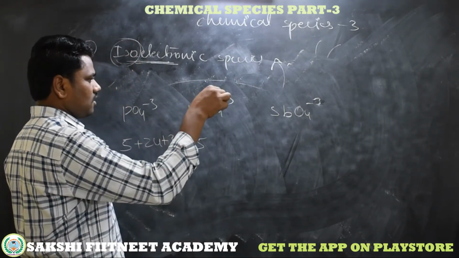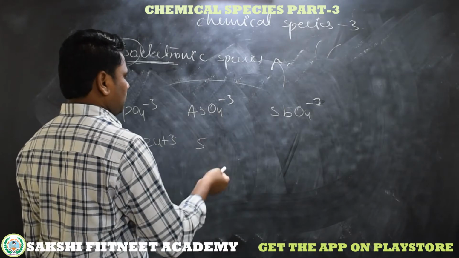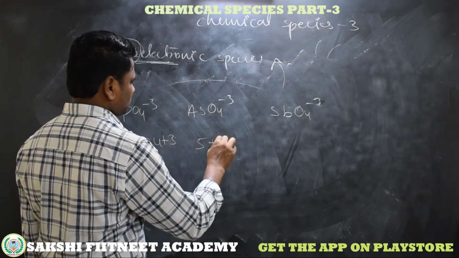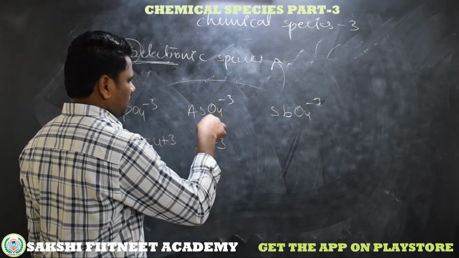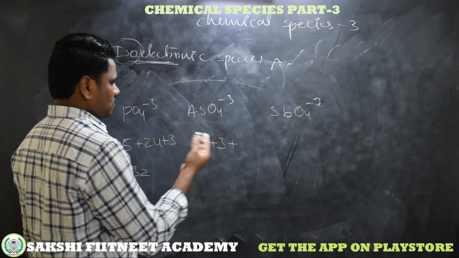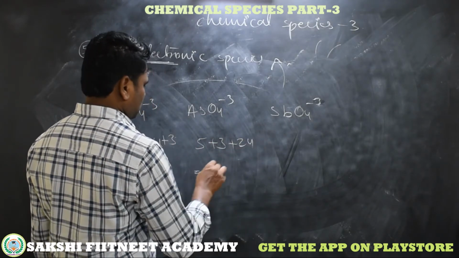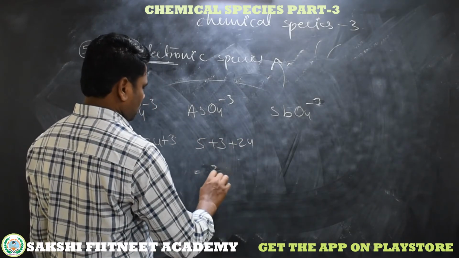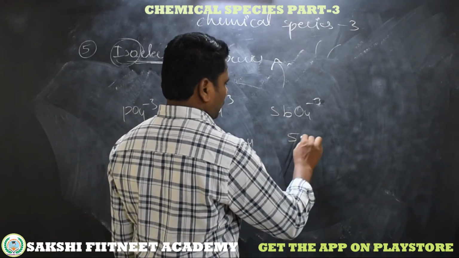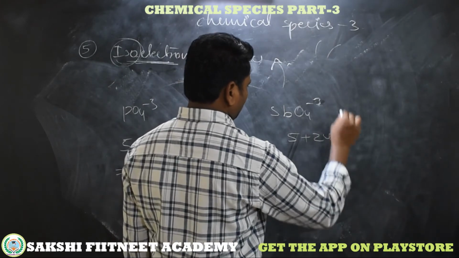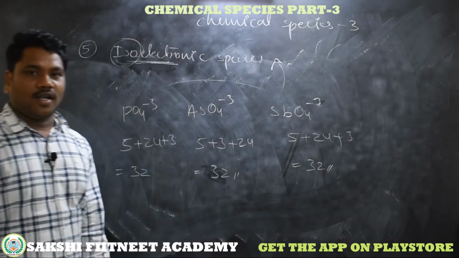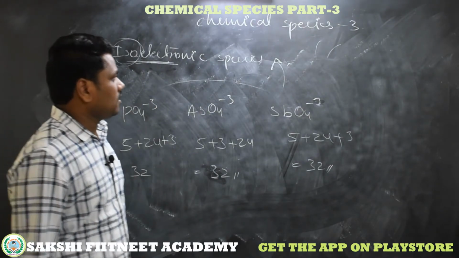Nitrogen, phosphorus, arsenic and antimony are in the same group, so they have the same valence electrons. 5 plus 3 plus 4 oxygens, each exhibiting 6, so 6 fours are 24. This is also 32. Now coming here, same nitrogen group, 5 plus 24 plus 3, this is also 32. So I hope you understand well which are isoelectronic species.